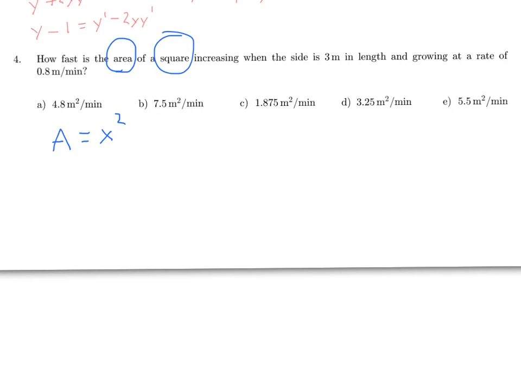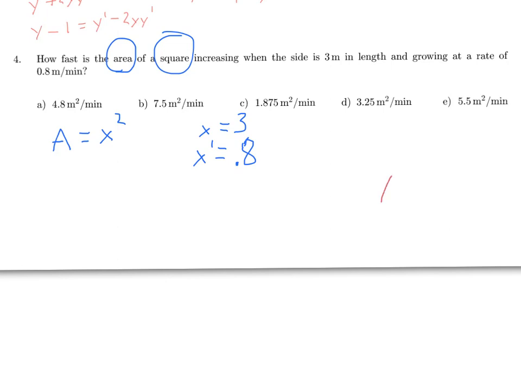All right, this whole problem has to do with a square when its side length is 3 meters and it's growing at a rate of 0.8 meters per minute. I use x prime for the rate of change of the side length x, and those are the only variables we have. We're searching for how fast the area is changing.